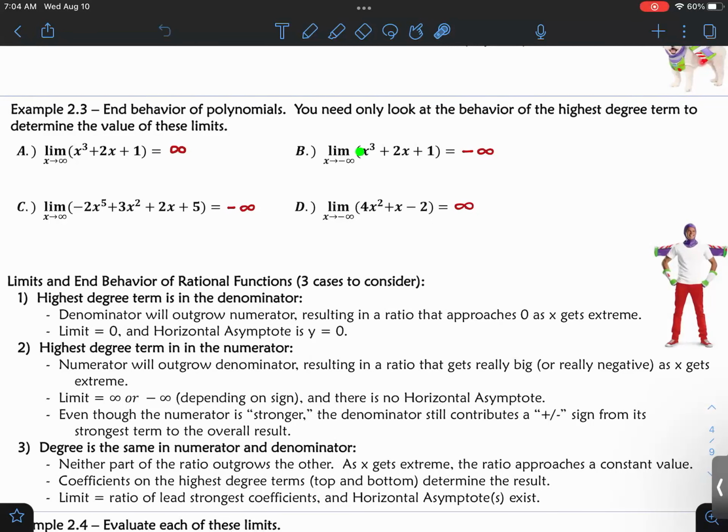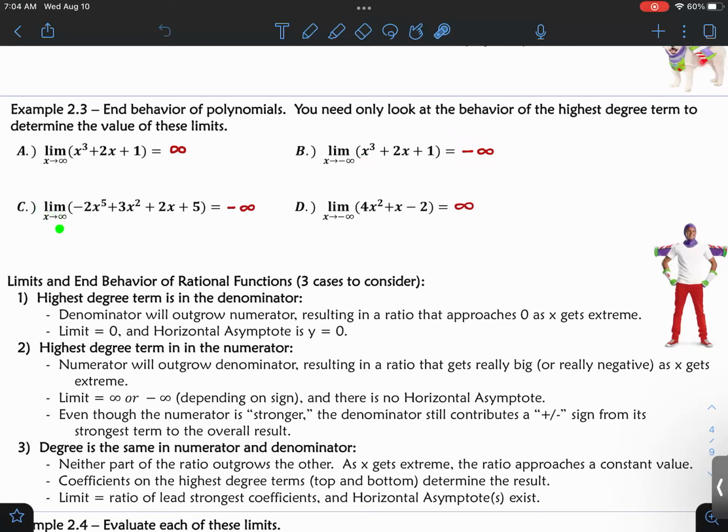Part B, same function, but this time we're approaching negative infinity. Well, if I start plugging larger and larger negative numbers, -100, -1,000, -1,000,000 into x to the third, I get back a negative number with a high magnitude, right? So we say negative infinity.